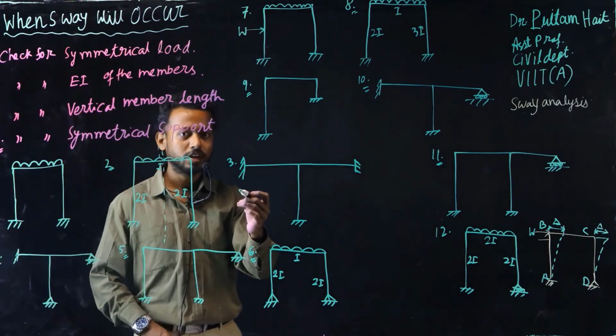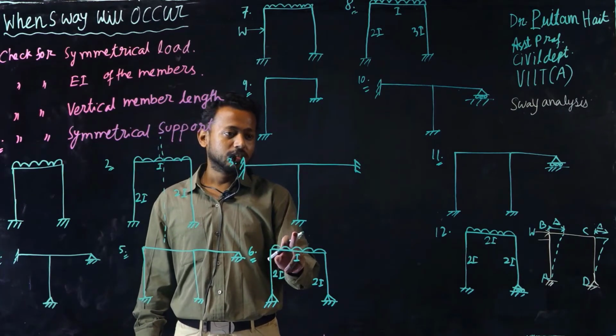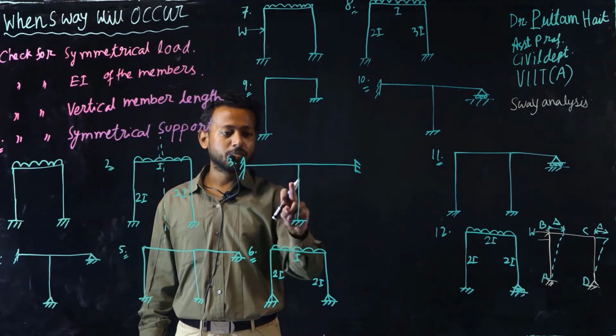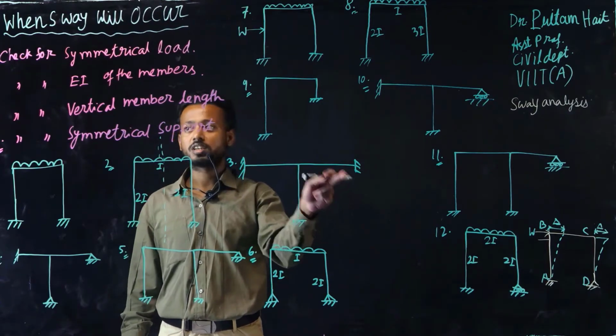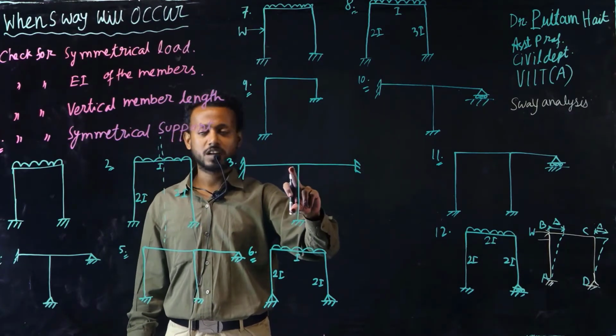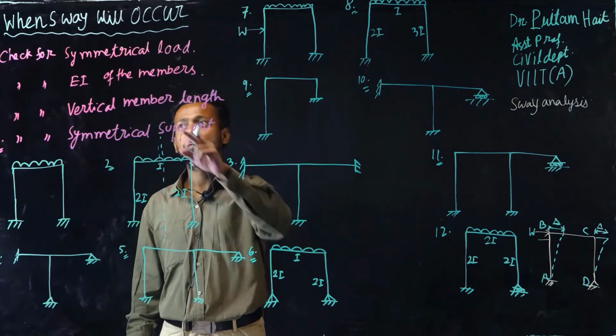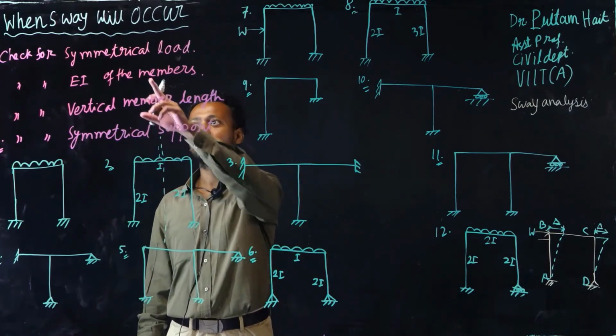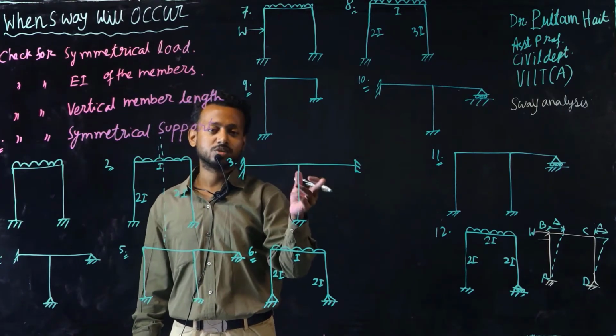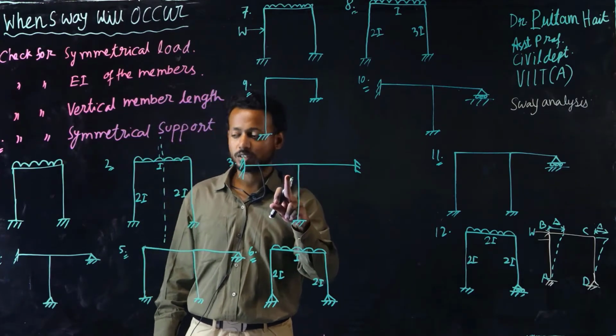Come to the third example. Here the lengths of the members are equal, so the support condition is symmetric. There is only one vertical length, so there is no comparison. EI is not given, that means EI is uniform, and the load is symmetrical. Here there is no load, so it won't sway. Okay.